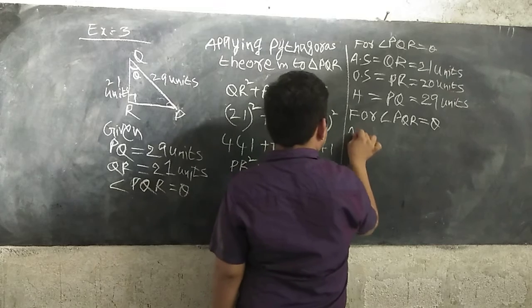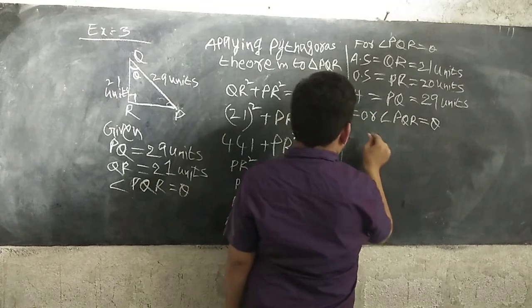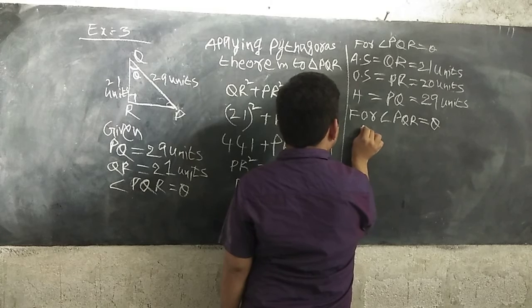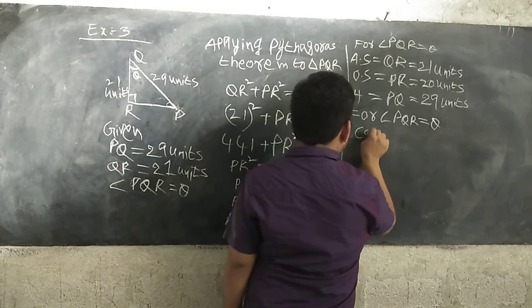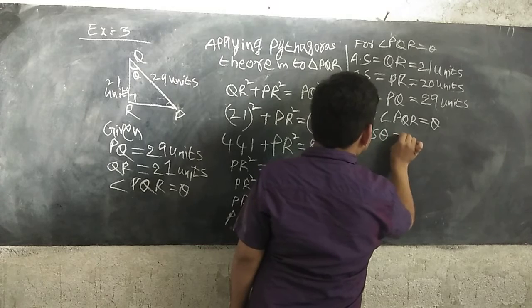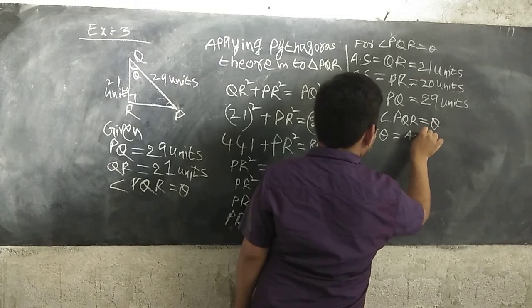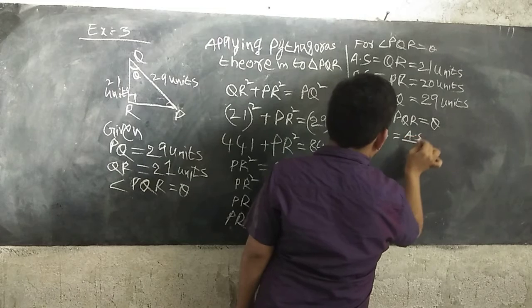Now for angle PQR equal to theta, cos theta is defined as adjacent side by hypotenuse.